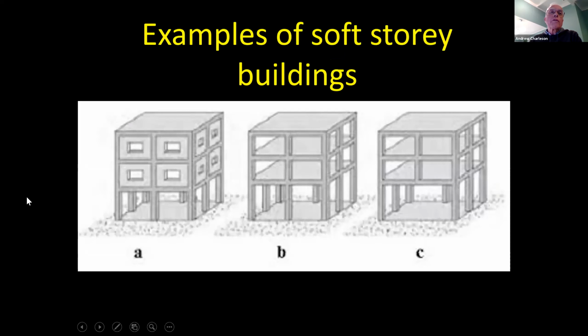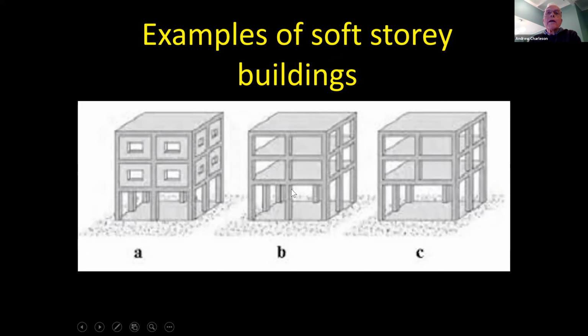Here's some examples of soft stories. An open ground floor with infills above. So the infills make the upper floors stronger than the lower floor. So in an earthquake, this lower story would get badly damaged.